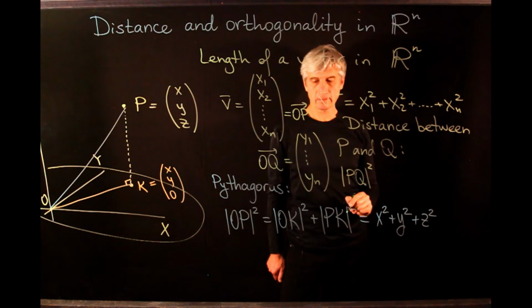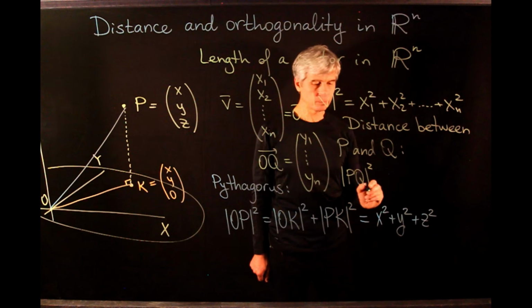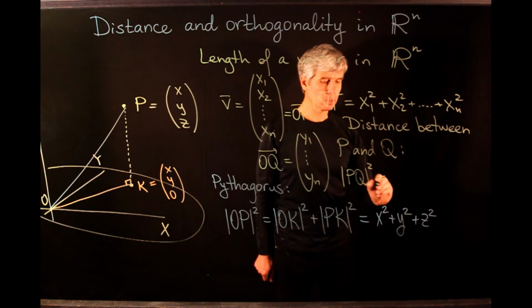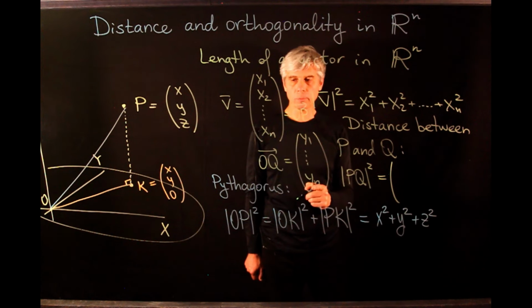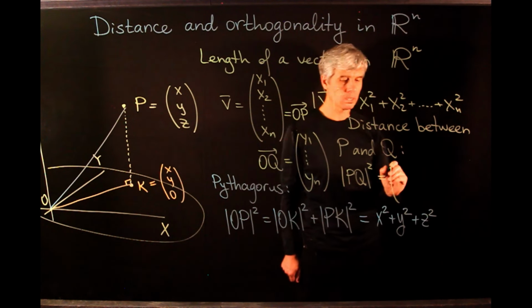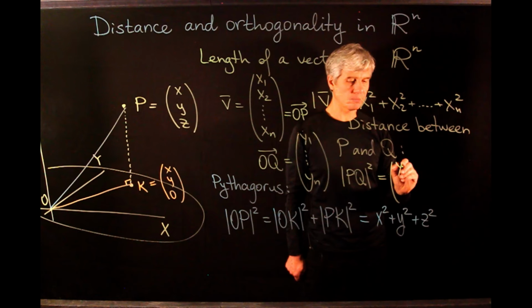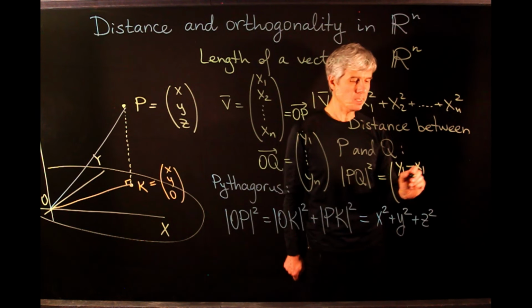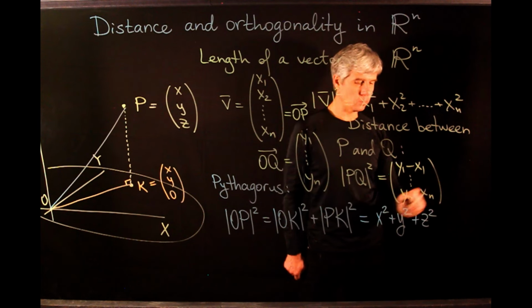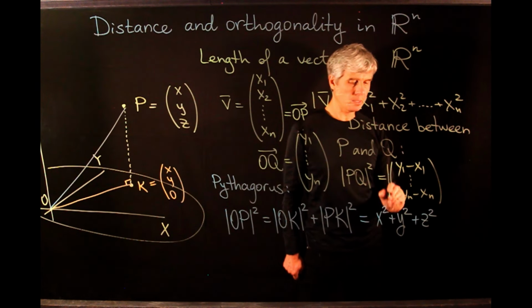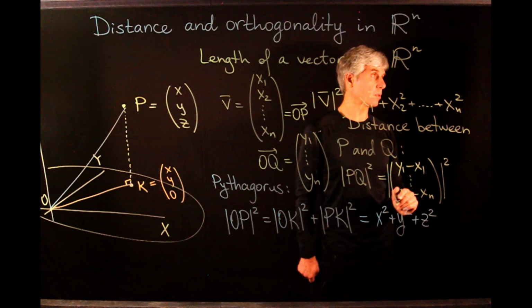Squared, right? And here, this vector is obtained by taking the coordinates of the point Q and subtracting the coordinates of the point P. So we have y1 minus x1, dot, dot, dot, yn minus xn. This is the vector PQ, and then we take its length squared.